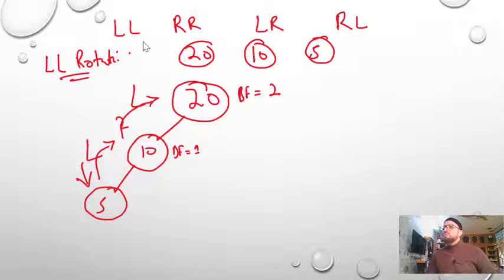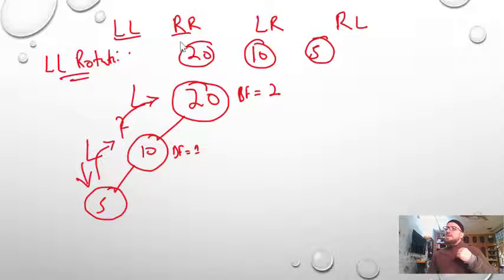Now how to do the rotation? LL and RR are the same, because for left and right we need only one rotation. For left-right and right-left we need two rotations. You keep that in mind. Now if we have a left and right, what should we do?